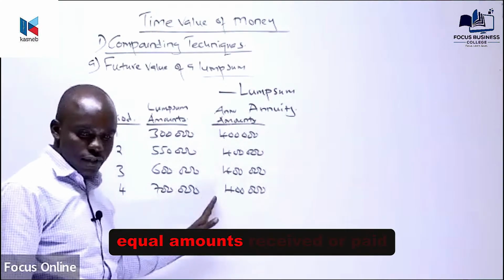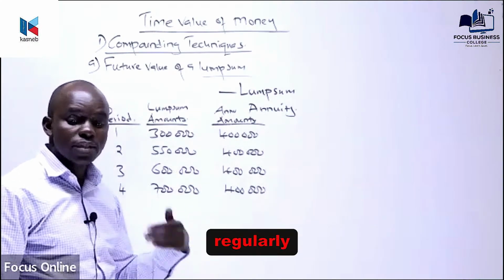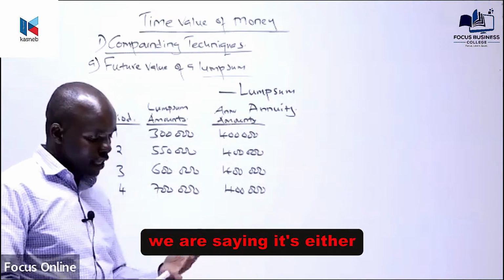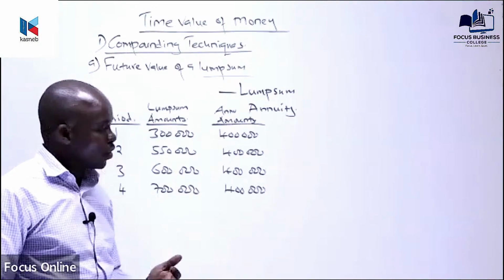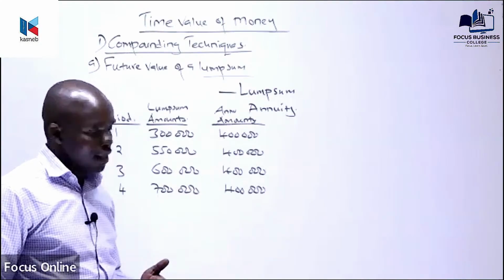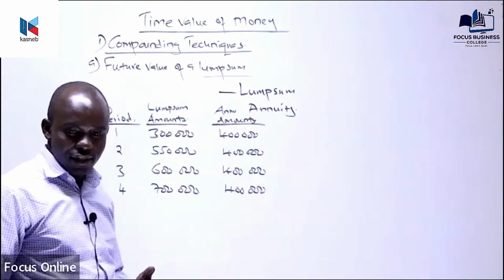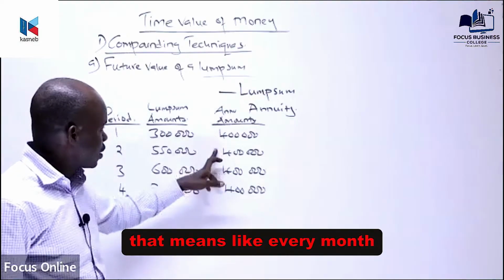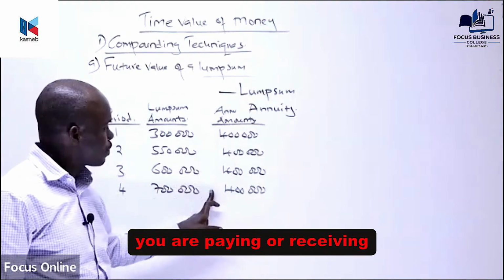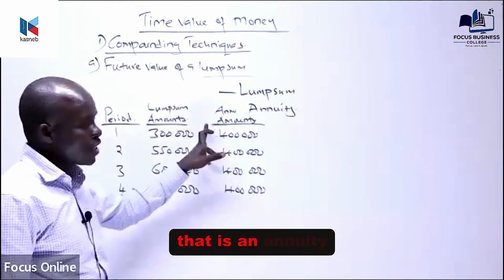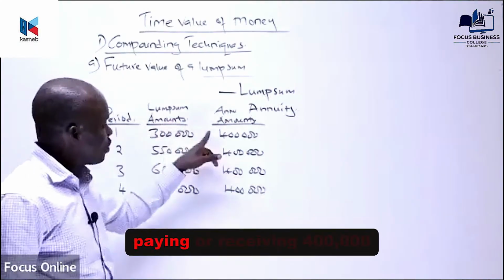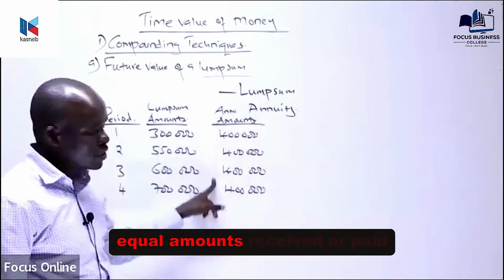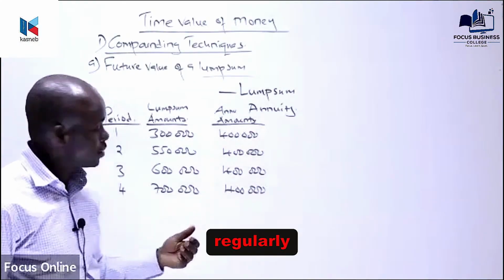When we say regularly, we mean either monthly, weekly, semi-annually, yearly, or quarterly. That means every month you're paying or receiving 400,000. That is an annuity. Or each year you're paying or receiving 400,000. That is an annuity.